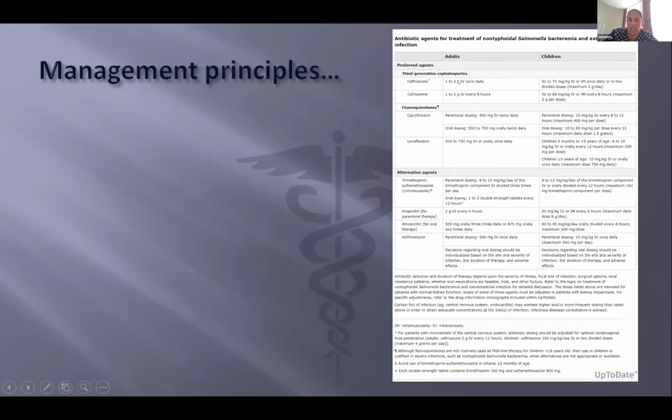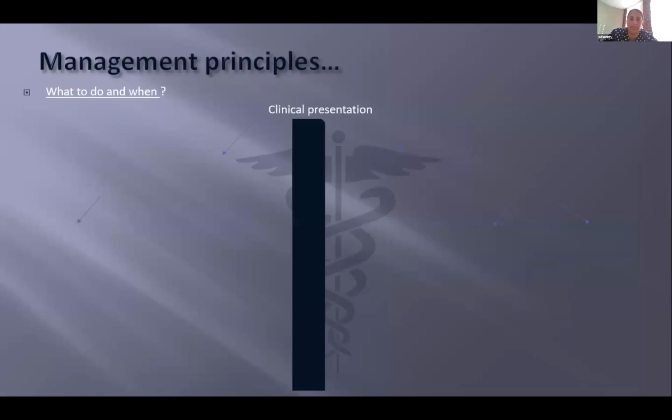So generally the third generation cephalosporins, ceftriaxone and cefotaxime, fluoroquinolones, ciprofloxacin and levofloxacin, and then alternative agents like trimethoprim-sulfamethoxazole, ampicillin, amoxicillin, and azithromycin. But when it comes to the alternative agents, we just have to be a bit careful because of the issue of resistance.